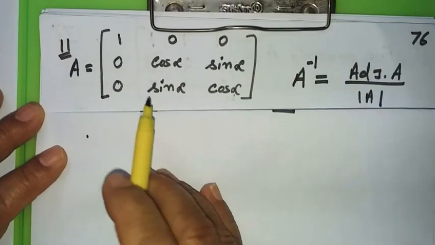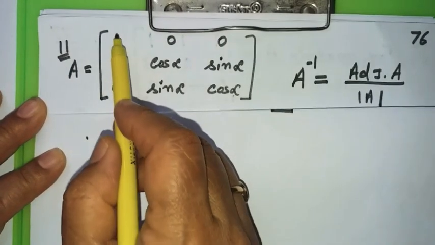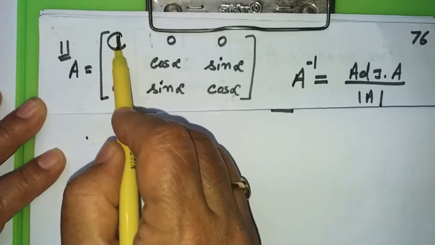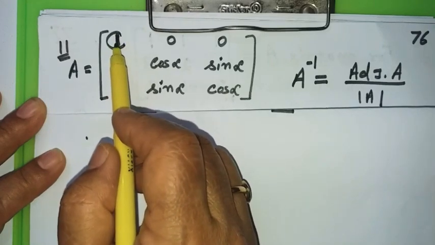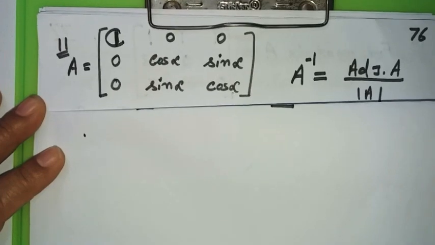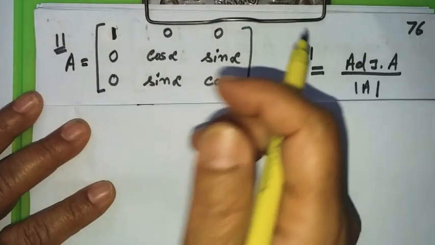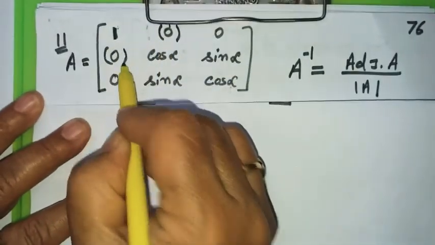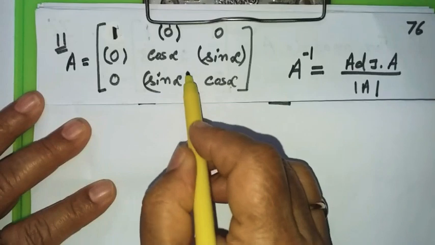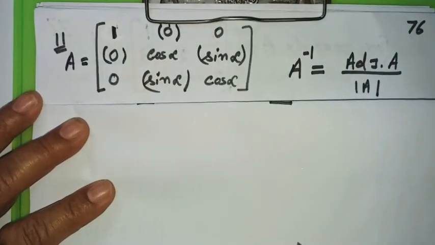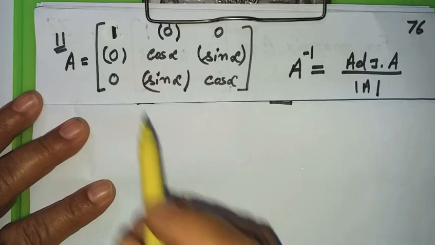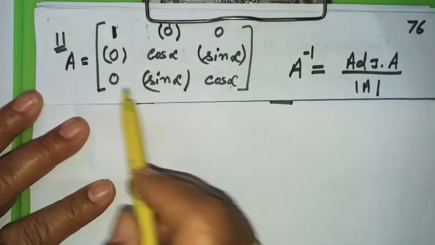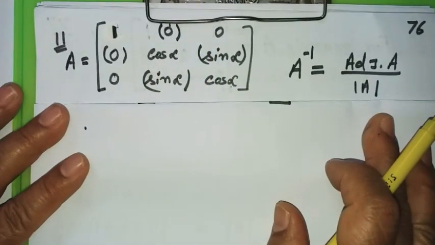Now I have explained to you in my previous question that for this element I should not have circled it, by mistake I circled it, doesn't matter, I just erase it. In my previous video I explained that for these 4 elements, the minors and cofactors are opposite in sign, that is negative of each other, and for all the rest of the elements, the minors and cofactors will be the same.